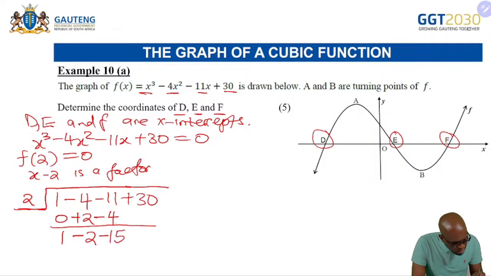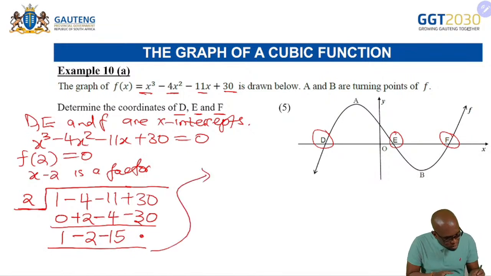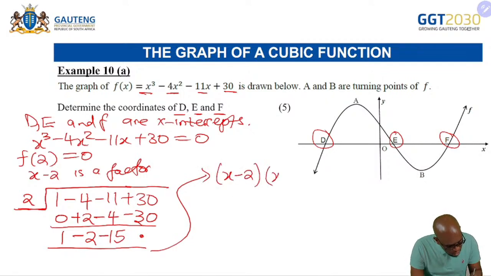Minus 15 times 2 at the top there, I get minus 30, and then this would give you 0. Always, the last term should give you 0. So this would now simplify to (x minus 2)(x squared minus 2x minus 15) equals 0.